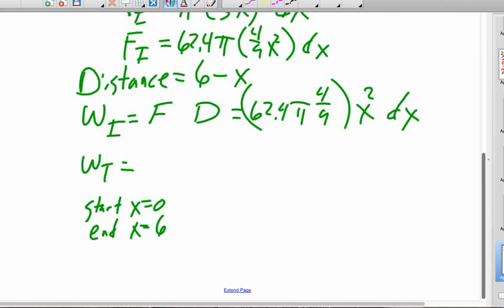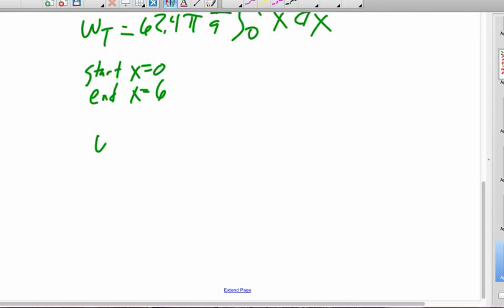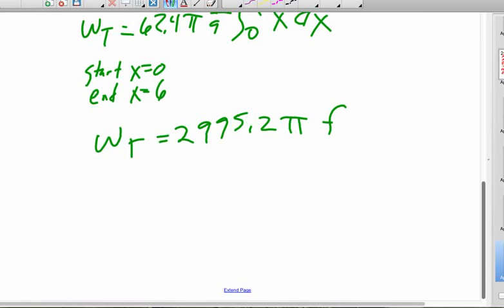I'm going to pull all this out: 62.4 pi times 4/9, and then the integral from 0 to 6 of x squared dx. When you pull all of this together, the work came out to be 2,995.2 pi foot pounds.